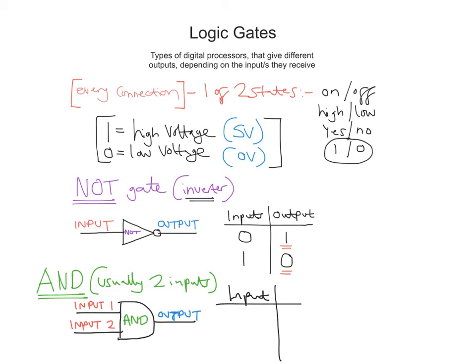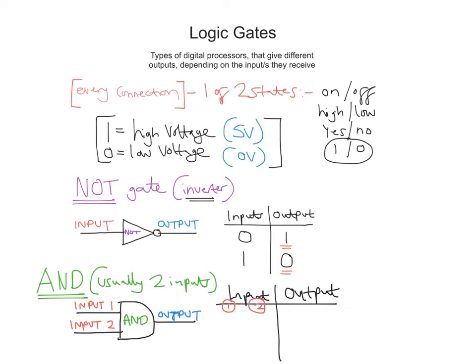So if we use the truth table again, input and output, and we're going to refer to input 1 and 2 here. I perhaps could have called them A and B to make it a little bit easier, but hopefully it will still make sense.